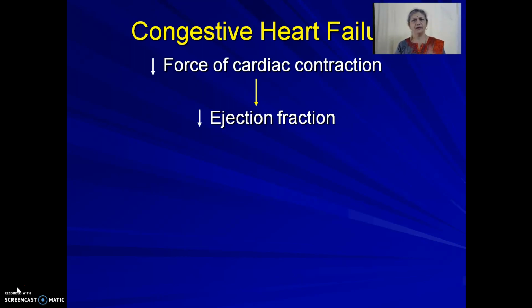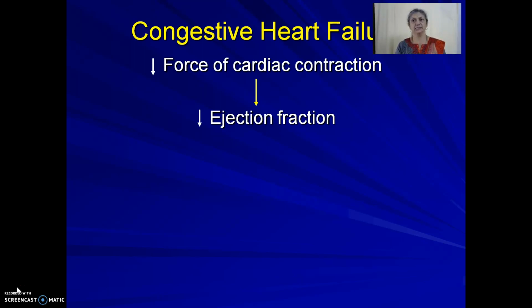Similarly, if the heart cannot pump out effectively, if it cannot throw out the blood which has come back to it, it cannot accept more blood coming back to it. And therefore, there would be congestion in the area from which blood is coming back to the heart. For example, if the right ventricle does not pump out effectively, where would the congestion be?